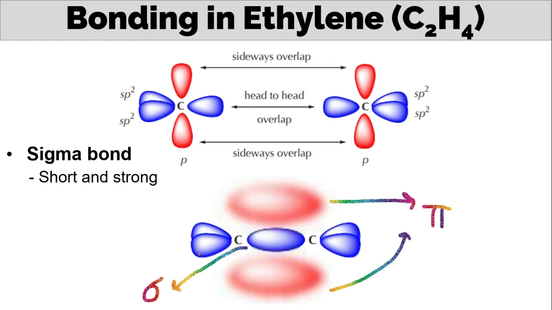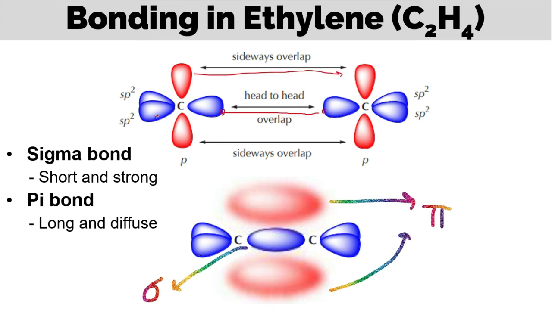The pi bond, on the other hand, is relatively long and diffuse. So remember, sideways overlap is less efficient than head-to-head overlap and results in formation of weaker bonds. This has some implications in the properties and chemical reactivity of sigma and pi bonds.